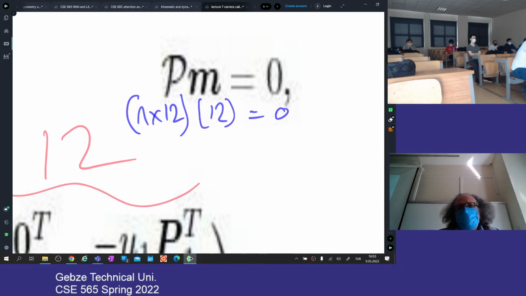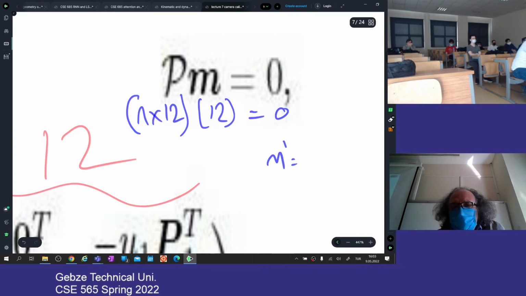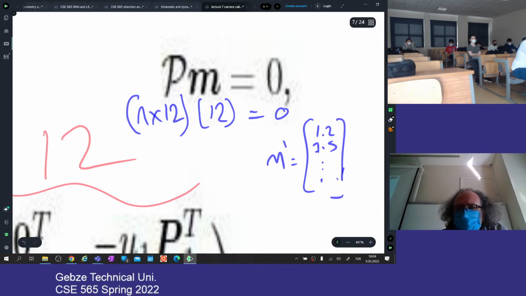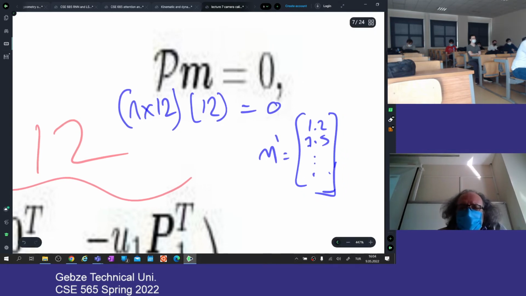Question for you. If I tell you that I found your solution, it is m prime, and m prime has numbers like 1.2, 7.5, 12 numbers. If somebody tells me that 5 times m prime is another solution, is that correct?